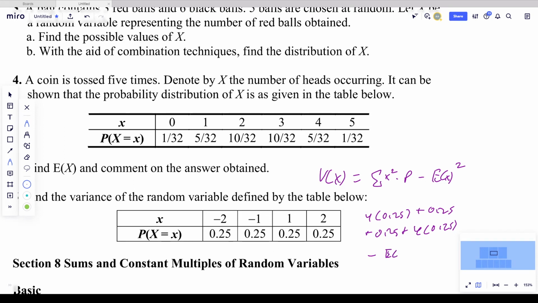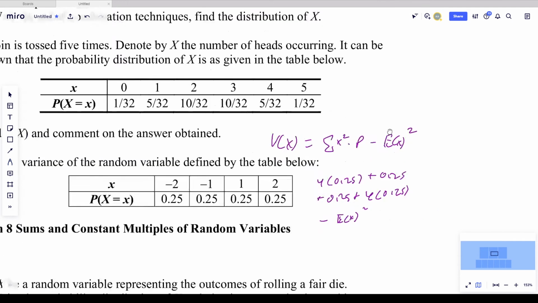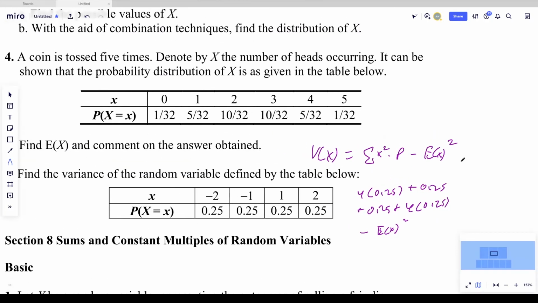The expected squared, I'm just going to keep it like this, and you find it. Variance must always be positive. Keep that in mind. It's the square of the standard deviation. It must always be positive. So keep that in mind.